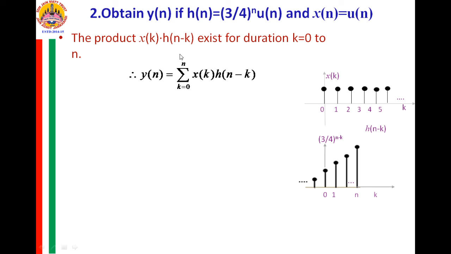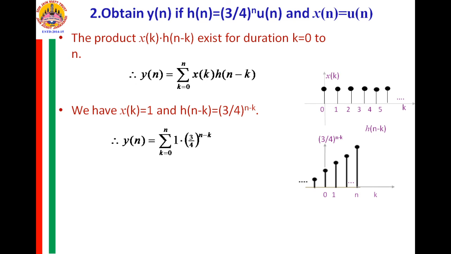Now, if you observe, the amplitude of x[k] is 1 and that of h[n minus k] is 3 by 4 raised to n minus k. So, substituting those values in the convolution sum expression, we get y[n] is equal to summation k from 0 to n 1 into 3 by 4 raised to n minus k.